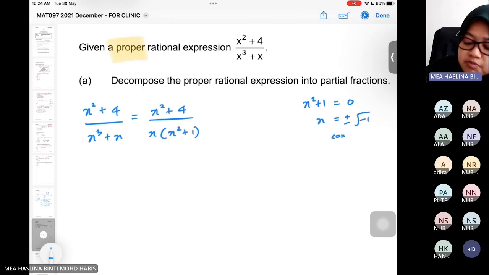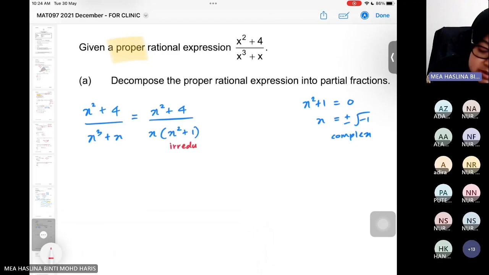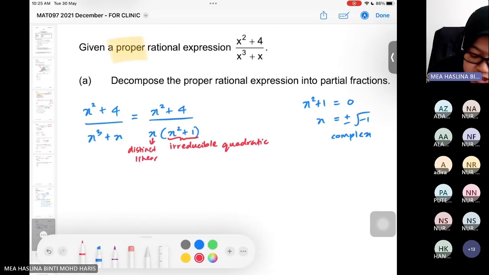So when it is complex, you classify the type of factor here as irreducible quadratic for the second factor. For the first factor, distinct linear. So you will determine the form based on the type of factors in the denominator.